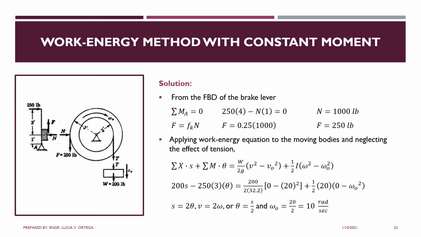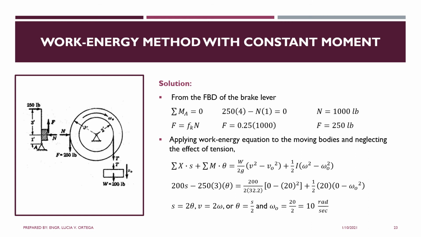This is equal to the change in kinetic energy. So W over 2g, final velocity is 0. It will stop. So final velocity is 0, minus the square of the initial velocity. Plus 1/2 I, which is given as 20 in the previous slide, times the final angular velocity, of course, which should be 0 because it will stop, minus the square of the initial angular velocity.